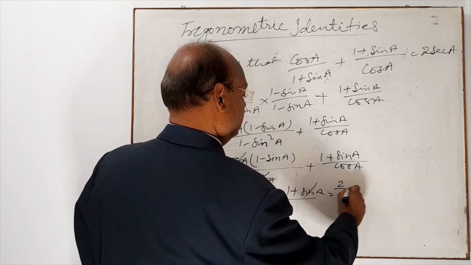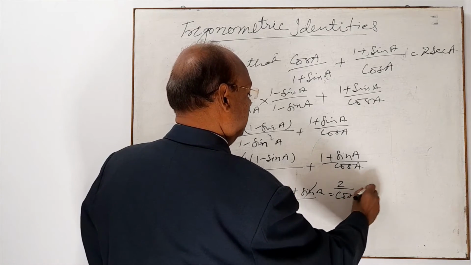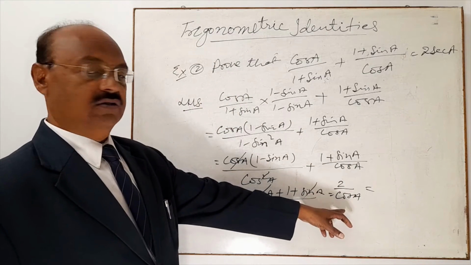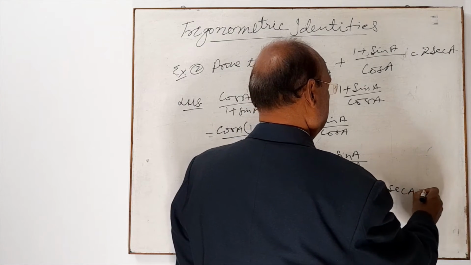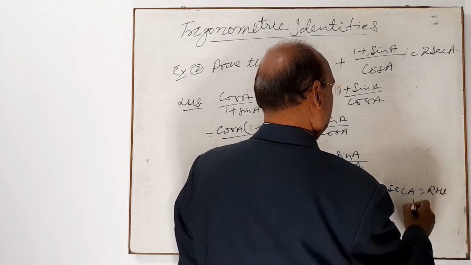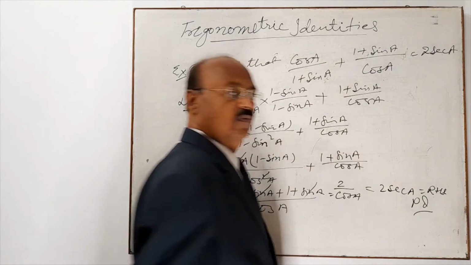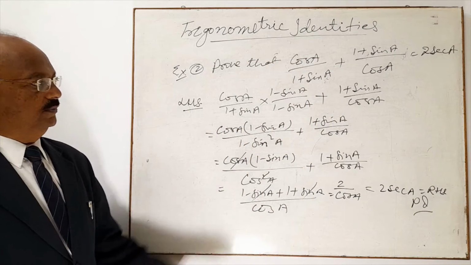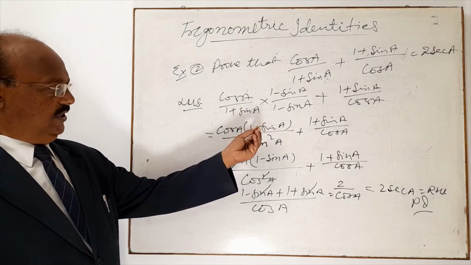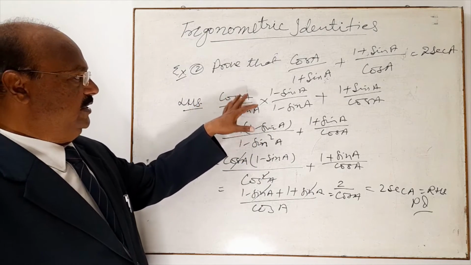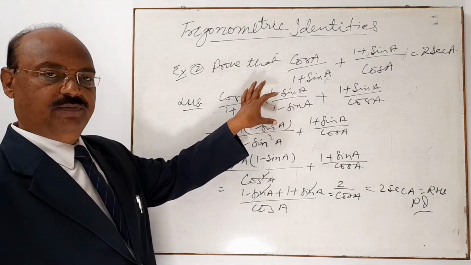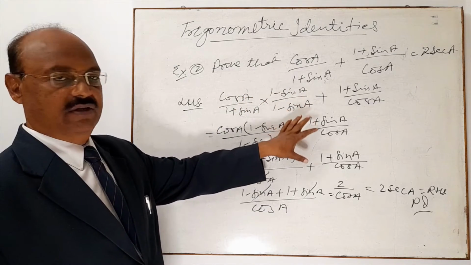So we are getting here 2 by cos A, and as we know 1 by cos A is sec A. So this is 2 sec A. This is the right hand side, proved. So this is a little bit tricky because we are multiplying numerator and denominator with 1 minus sin A in the first term. So try to remember this step here.